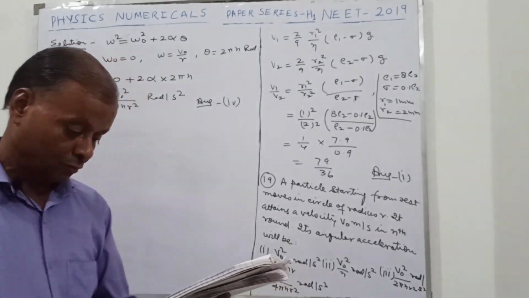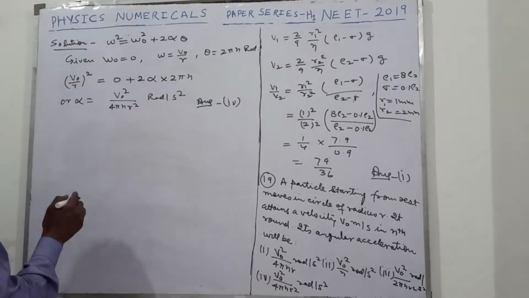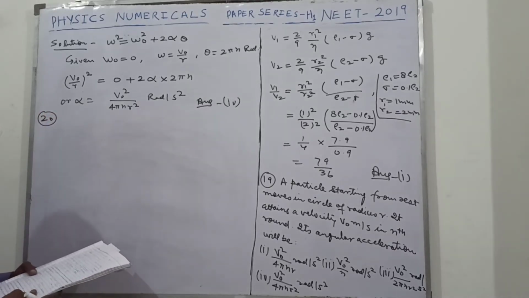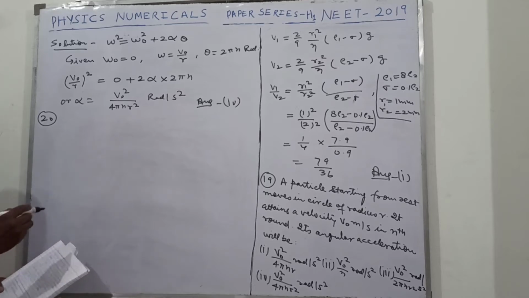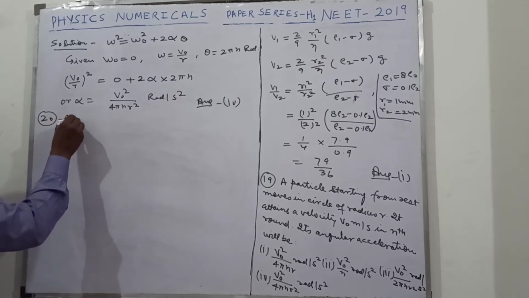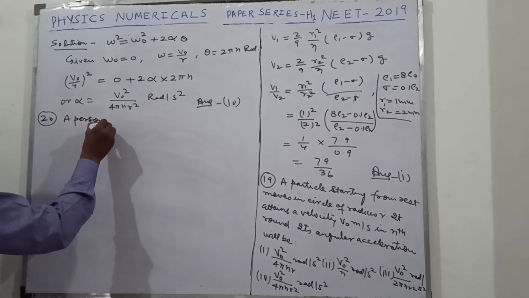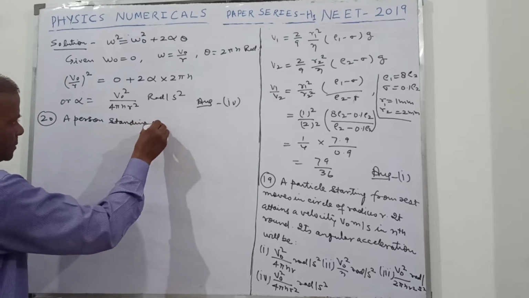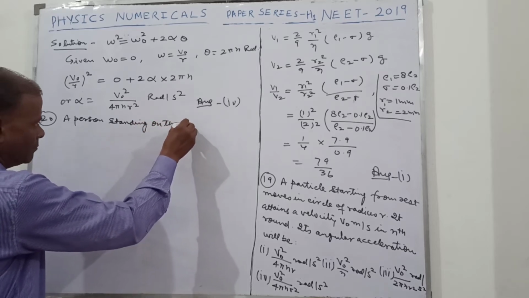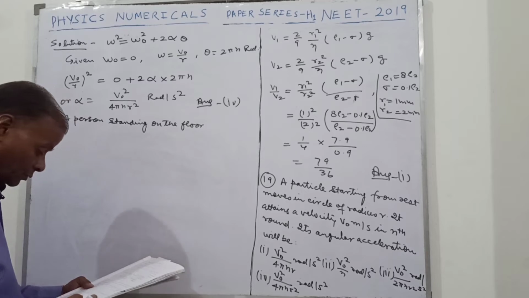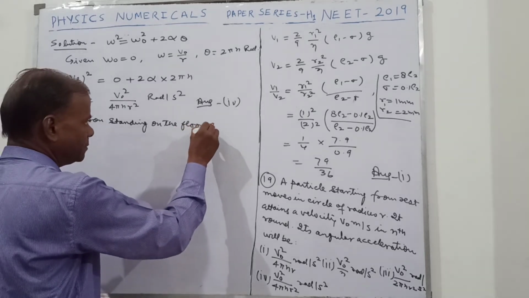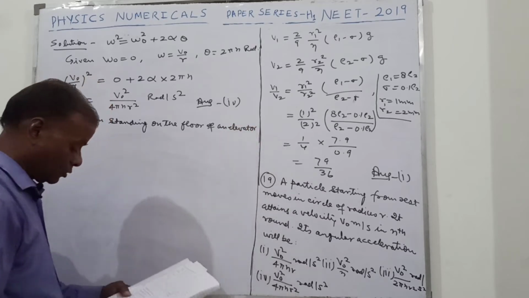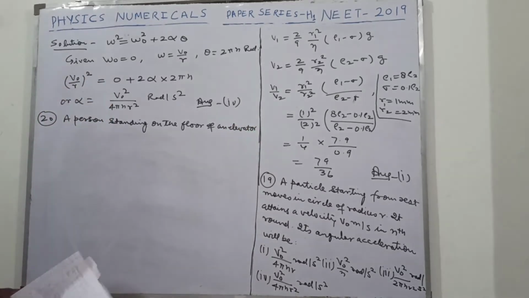And now we come to question number 20. A person is standing on the floor of an elevator and drops a coin.